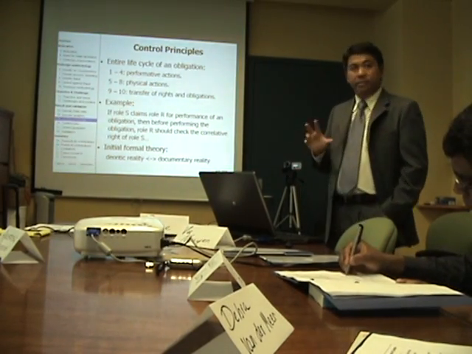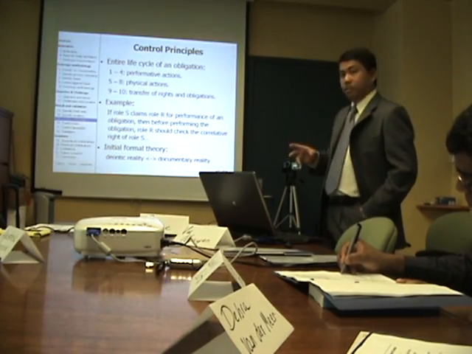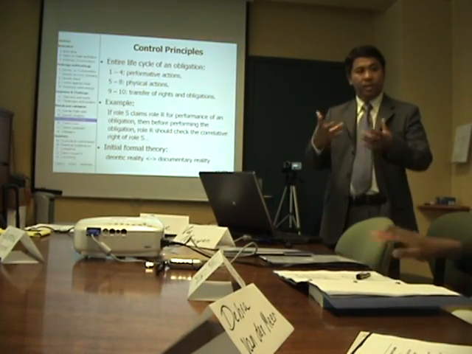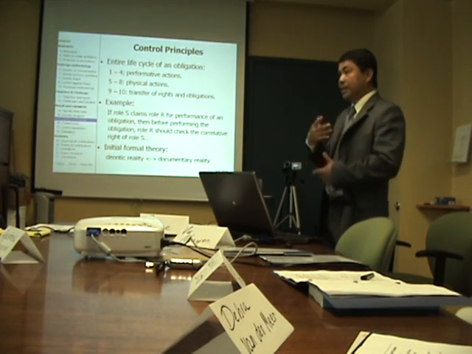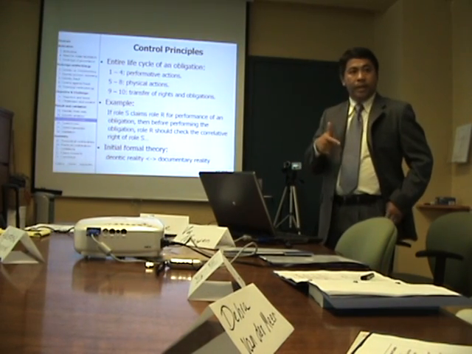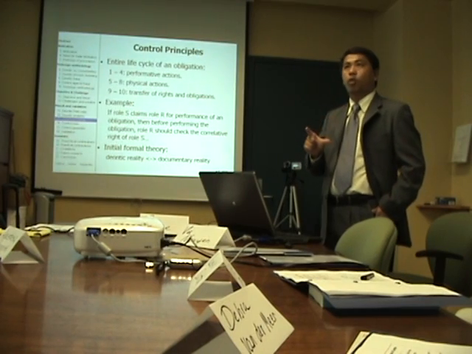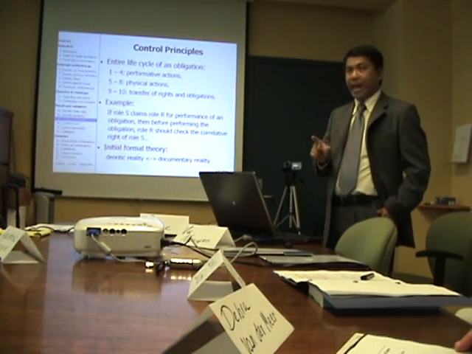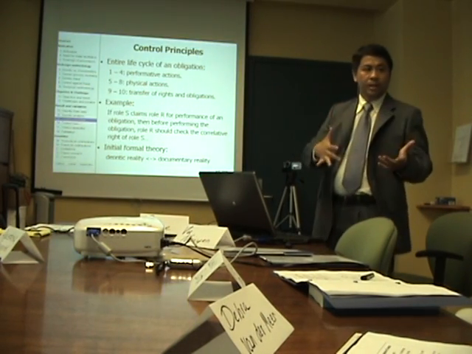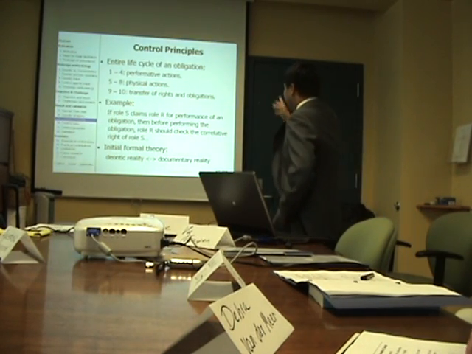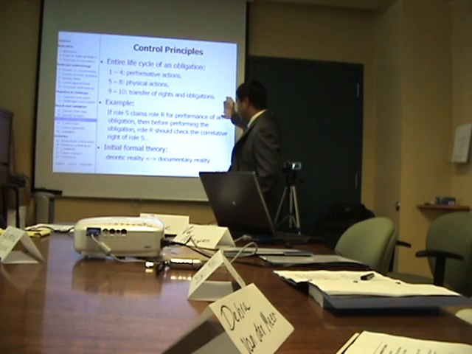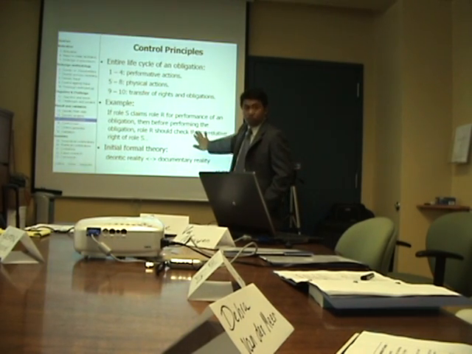I also identify the change in the deontic relation by physical action, like delivering goods, making payment, and so forth. I also identify control principles for the occurrence of a natural event, like a certain event that triggers an insurance obligation and so forth. So the result is a set of 10 control principles, and this is an example of the control principle.